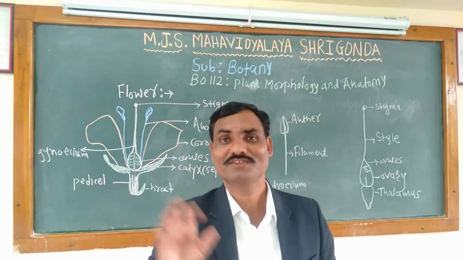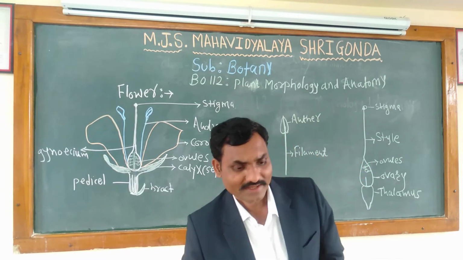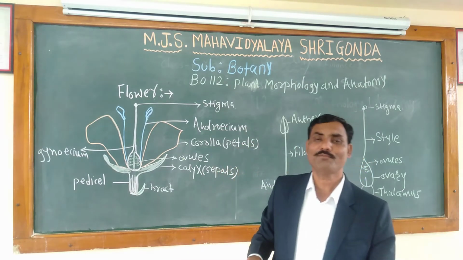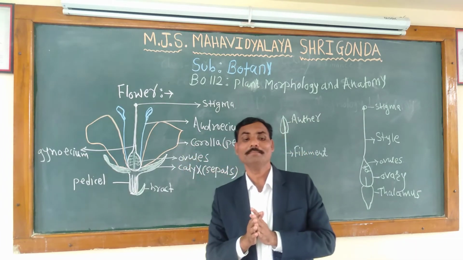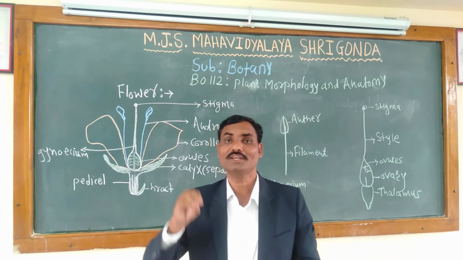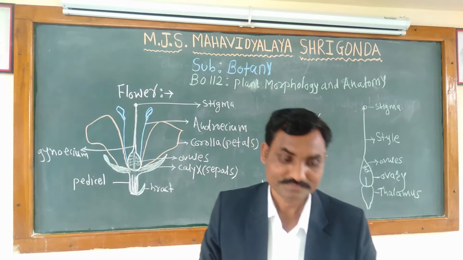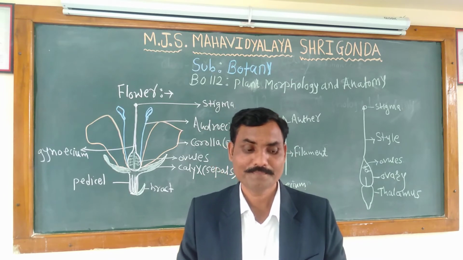Bougainvillea spectabilis is the scientific name of that plant. Then a small bract-like structure found singly or in pairs on pedicel or calyx is called bracteole. Means bracteoles are also present in some plants.